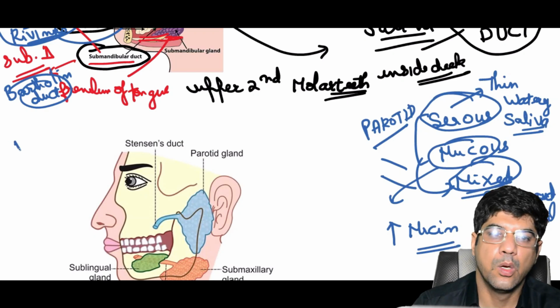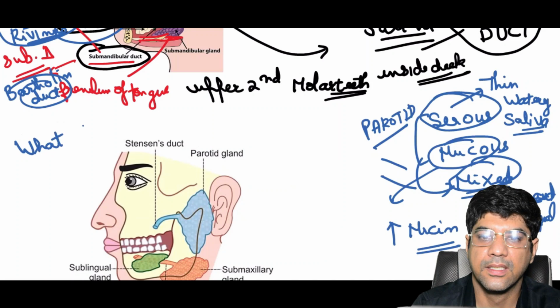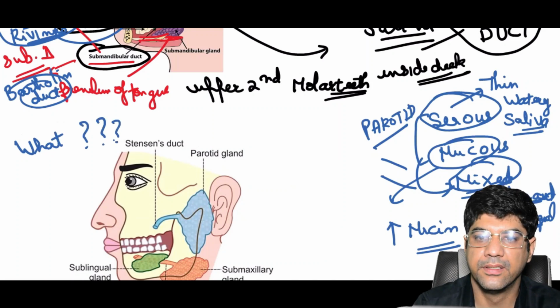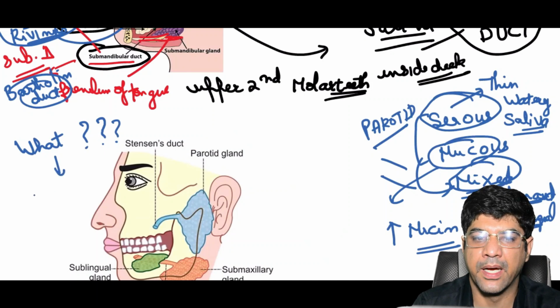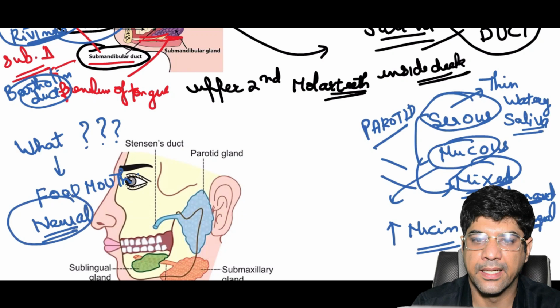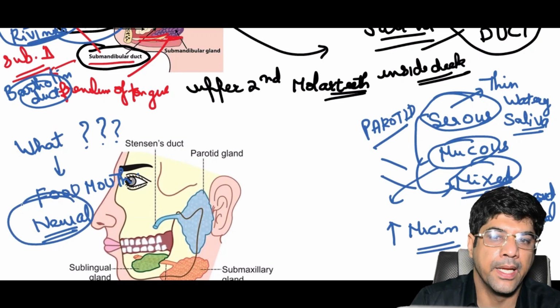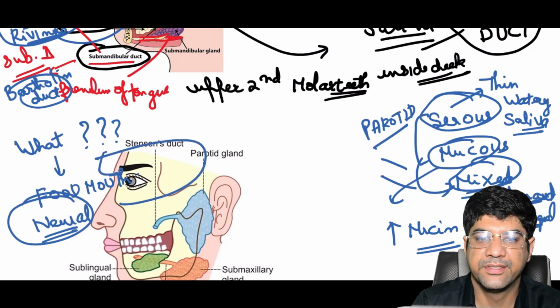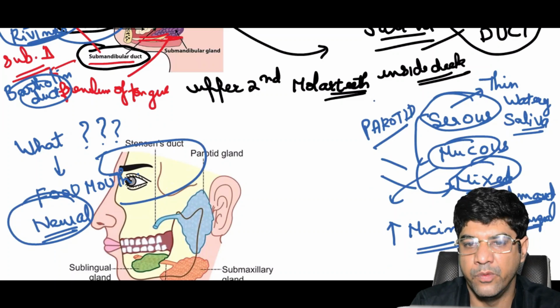The next question is, what triggers the secretion of saliva? The secretion of saliva, remember, is triggered both by the presence of food in the mouth and by the neural signals that you receive from the brain in response to the sight, smell, or thought of food.